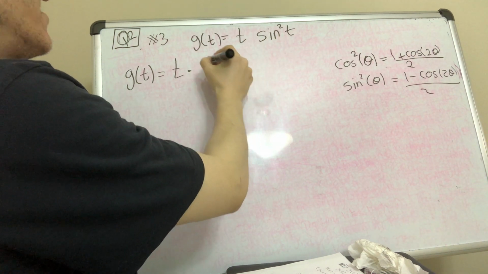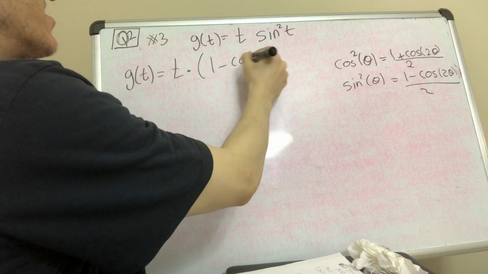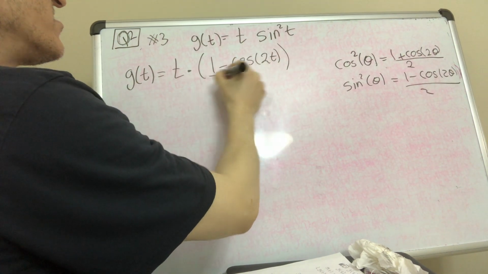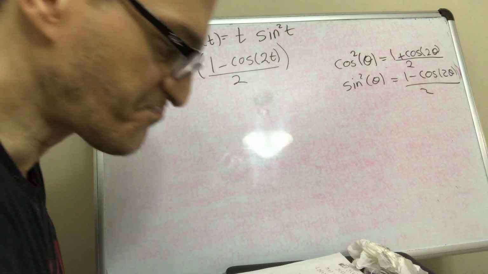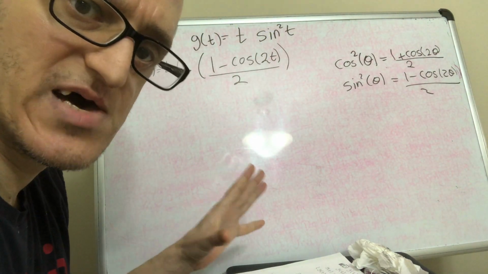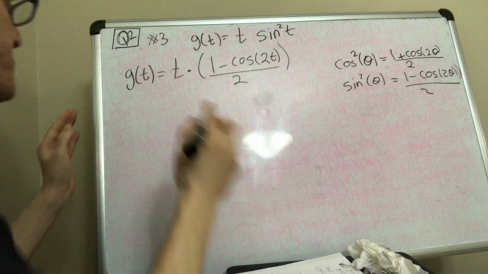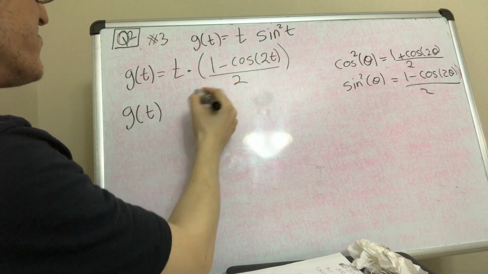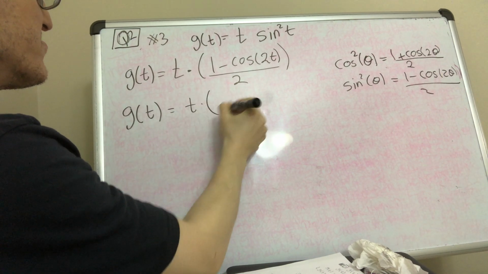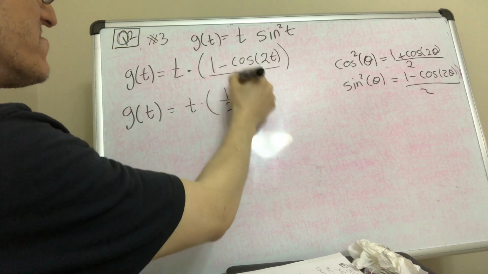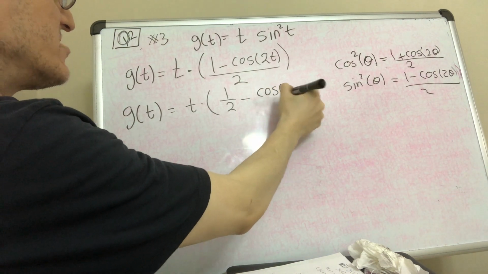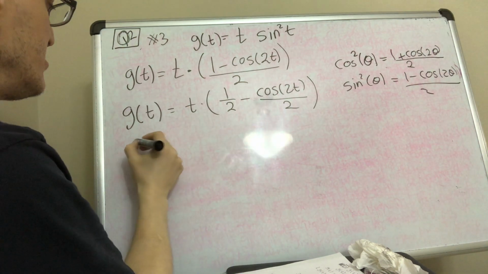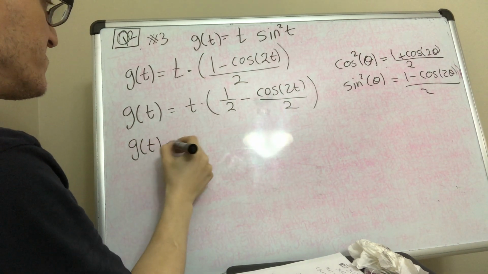So sine squared is 1 minus cosine double angle over 2. So first we use the half angle identity. So this is t times (1 minus cosine 2t) over 2. Now take the t inside.